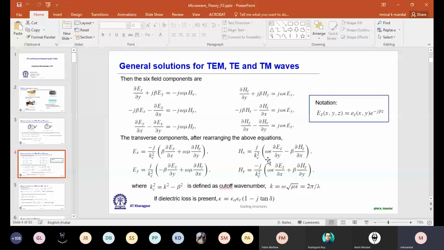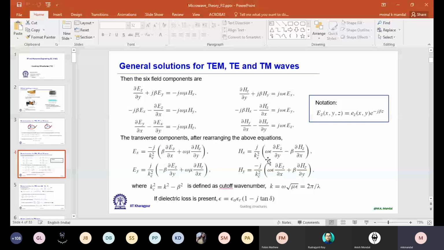Well, so we see that kc is the cutoff wave number, and wave propagation is possible in general when the frequency is sufficiently high so that k is more than kc. We know k is given by 2 pi by lambda.